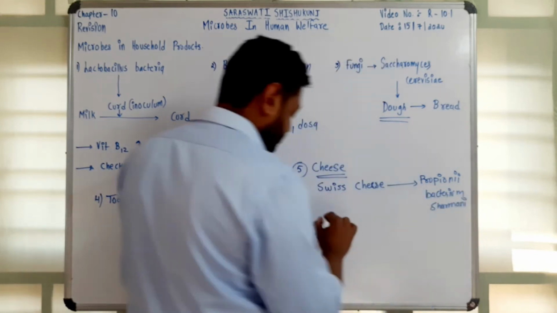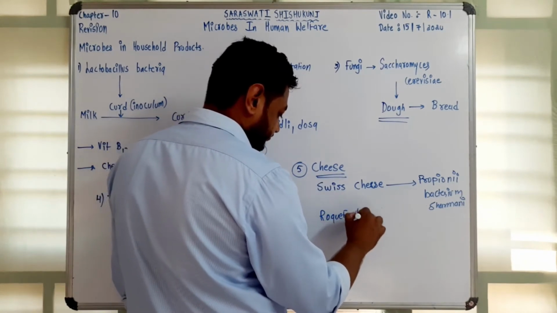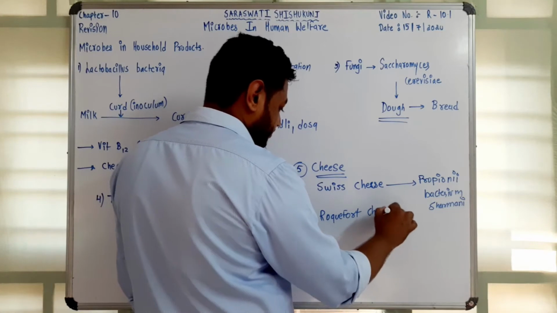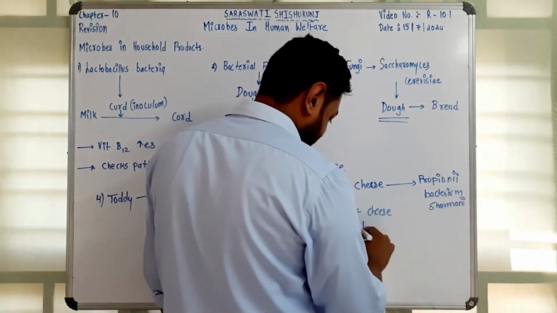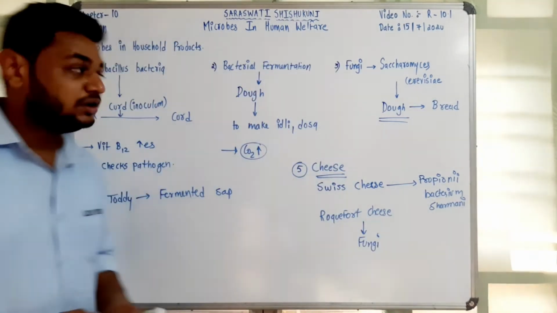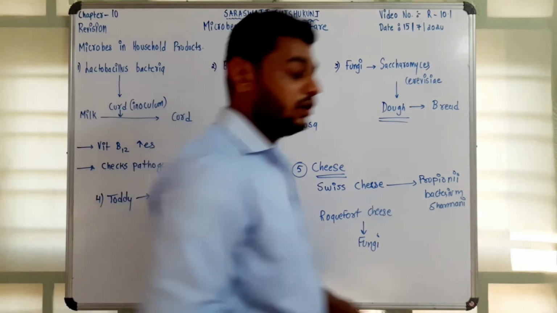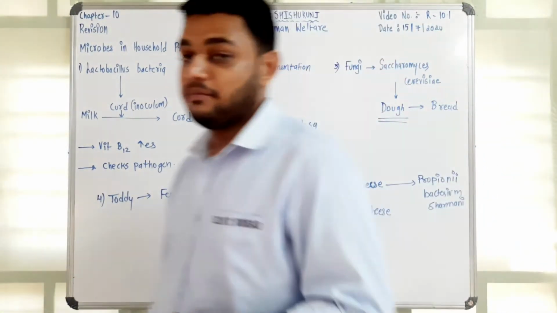And Roquefort cheese is another type of cheese, right? Swiss cheese has big holes in it. Roquefort cheese is ripened by the help of fungi. So these are the basic household uses, or the formation of household products by the help of microbes.